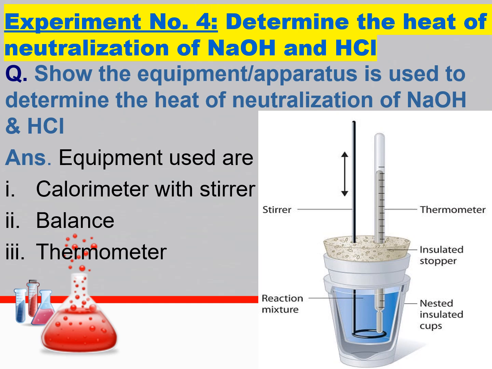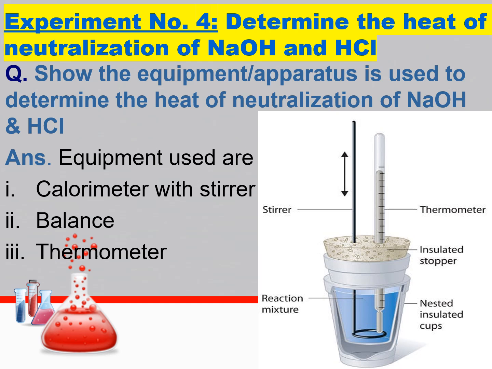More, another experiment number 4, determine the heat of neutralization of NaOH and HCl. It is last minor experiment in your FBISC PBA list. One question can be, show the equipment or apparatus used to determine the heat of neutralization of NaOH and HCl.